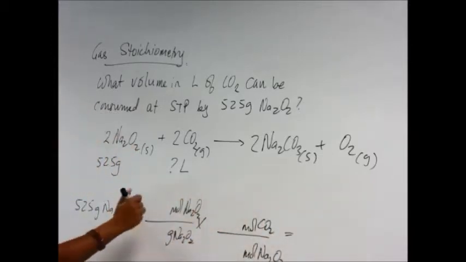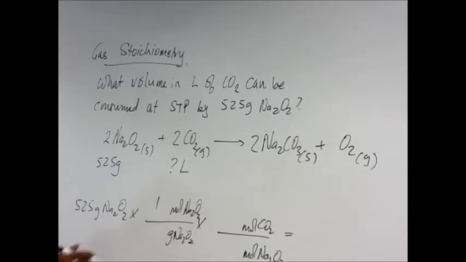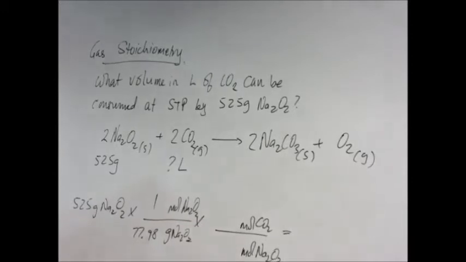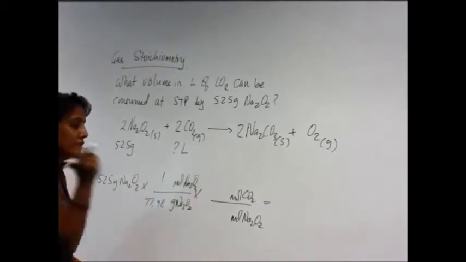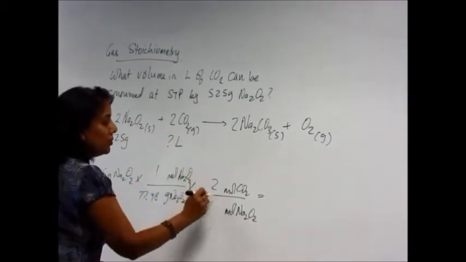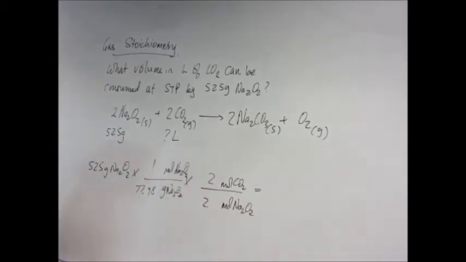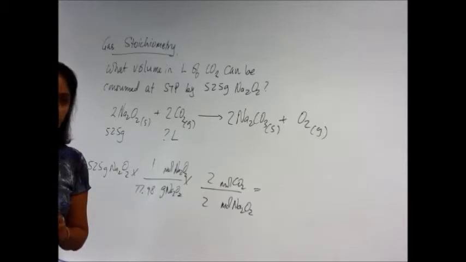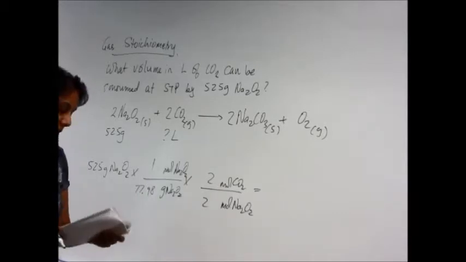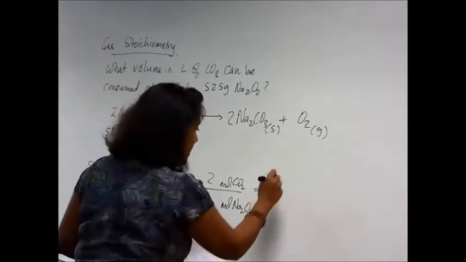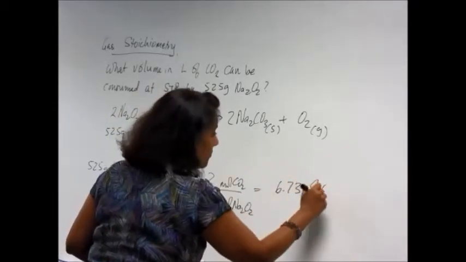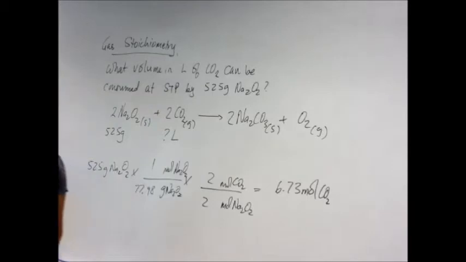Here 1 mole of sodium dioxide is 77.98 grams. I calculated that already. And the mole ratio here is 2:2. Even though it's the same, you should write it out, just so that you know you've taken care of it. And this gives us 6.73 moles of carbon dioxide.